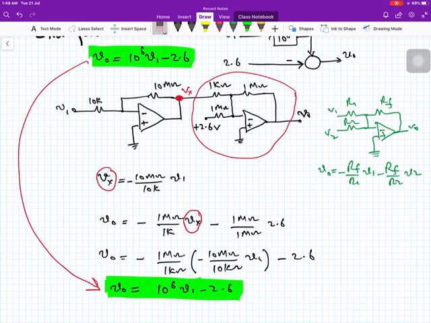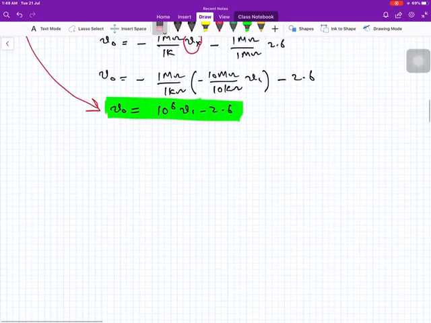Another option is discussed in the textbook, and this option is just implementing the same mathematical operation or equation with two operational amplifiers, and this time we use the operational amplifier in a slightly different way.